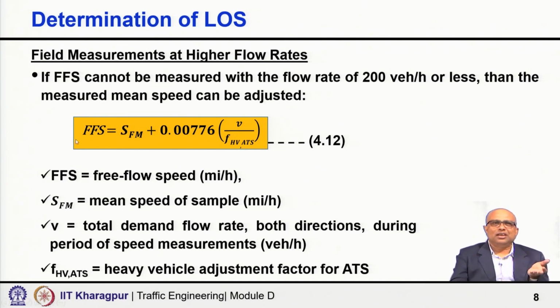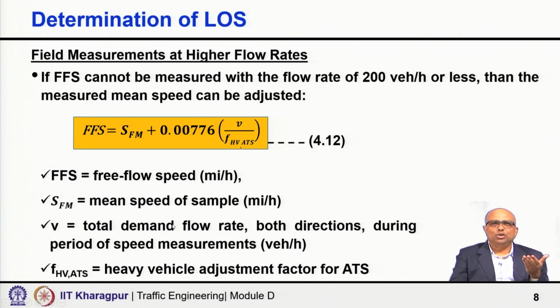As you can see here, S_FM is the mean speed of the sample you have collected, and then we are applying some correction, and obviously it has to be with a positive sign, because the FFS will be higher in that case than what we have measured in the field at a higher flow level. So, this correction is applied: 0.00776 times V divided by f_HV,ATS.